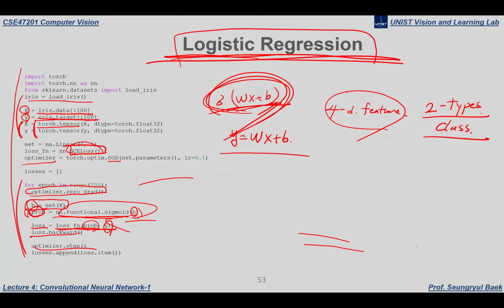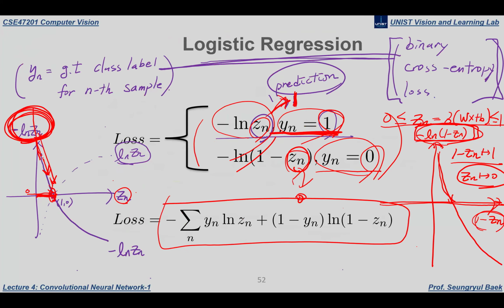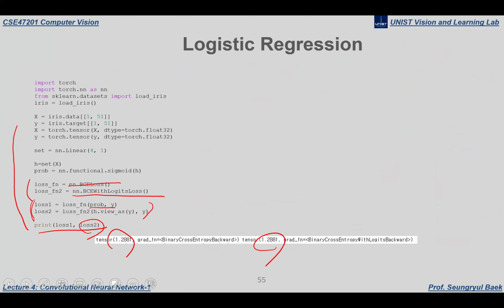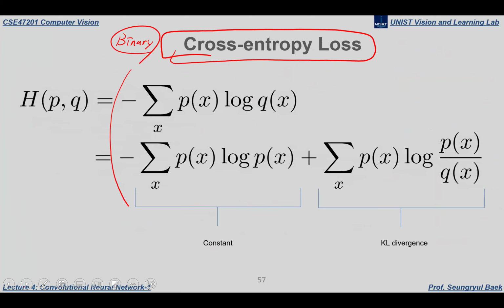If you go to that, it looks like this. These have ln values, and this also has ln values.